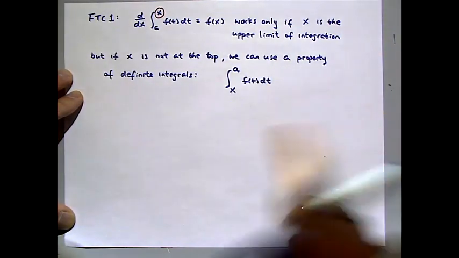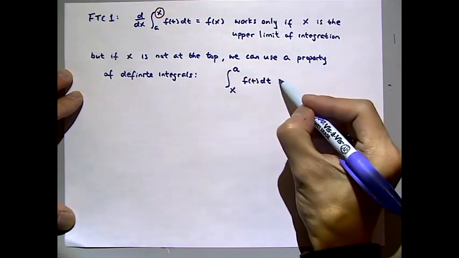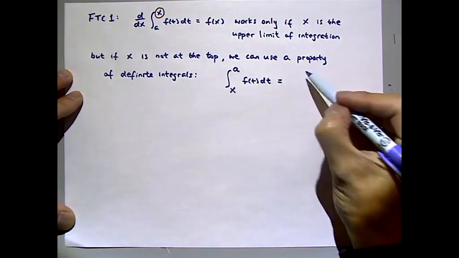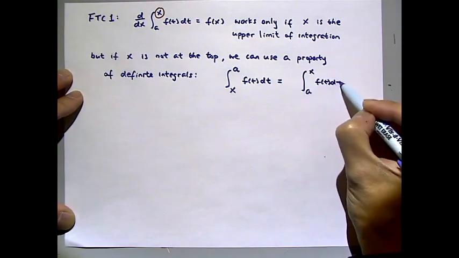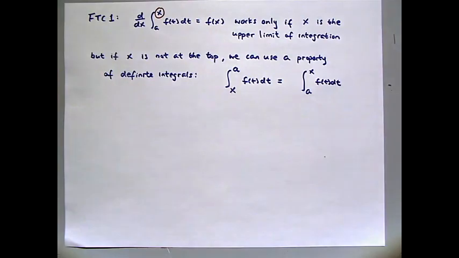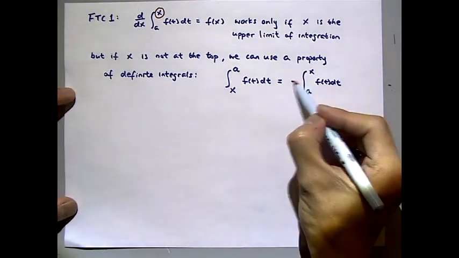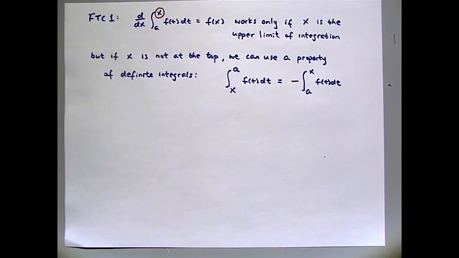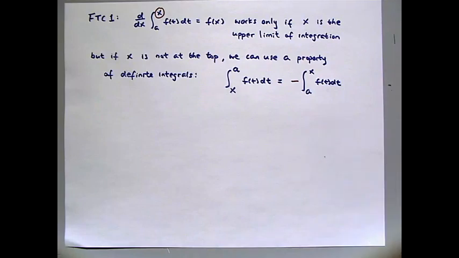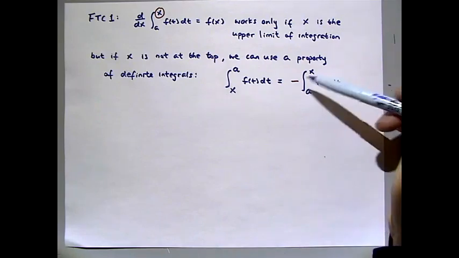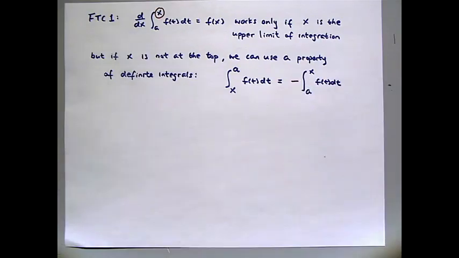If I somehow have x down here but a on the right, we can reverse the two of them. But when we do that, we have to flip the sign of everything. We put a negative in front of that. Okay? You can flip the two, you can interchange the two anytime you want, but each time you do an interchange here, you have to change the sign from plus to minus, minus to plus. If you can do that, then this can be used again.